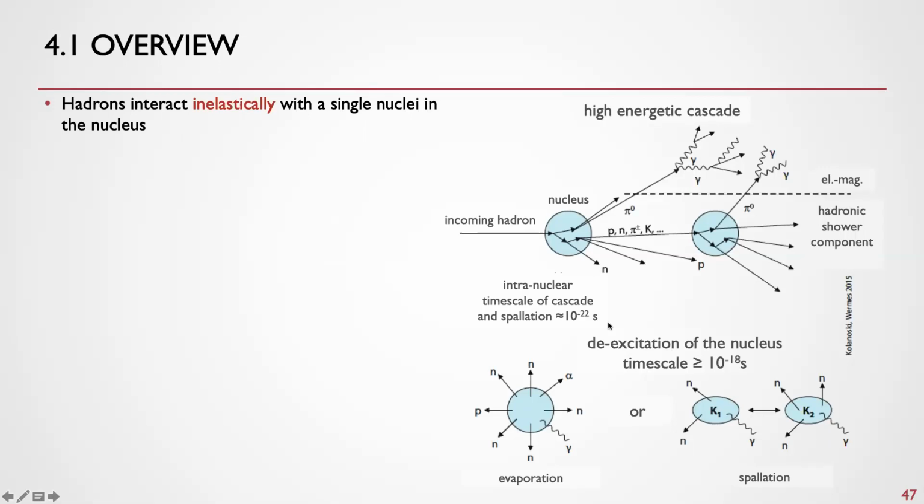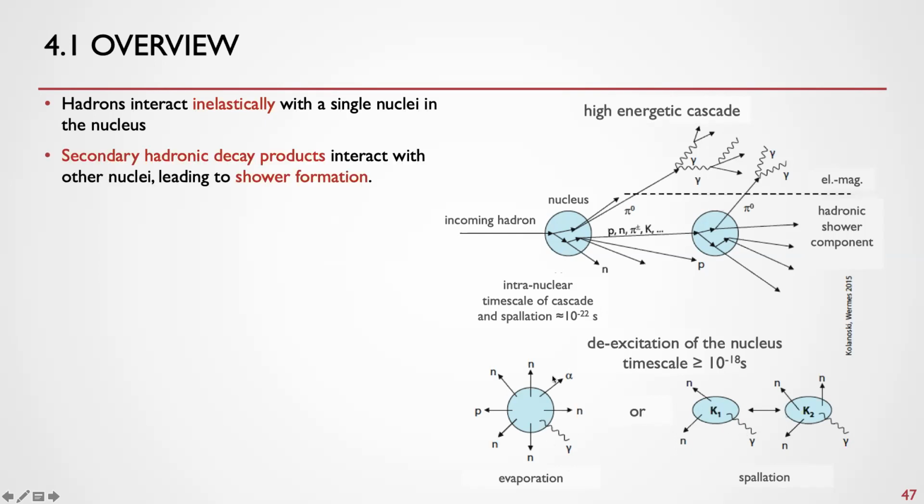Moreover, at the time scale of 10 to the minus 22 seconds, which is instantaneous, essentially, for purposes of detector applications, spallation and evaporation can take place, and these can also produce photons. The secondary hadronic decay products then subsequently interact with further nuclei, and because neutral particles can travel a long distance before they actually hit the nucleus.